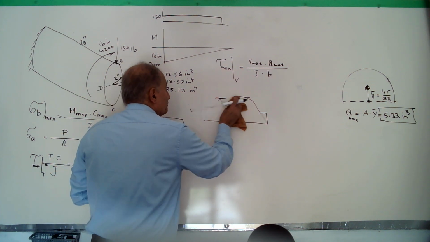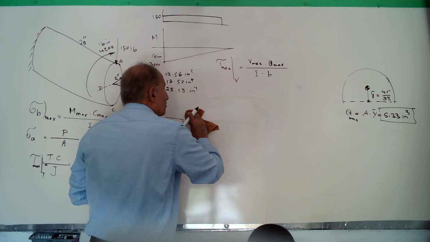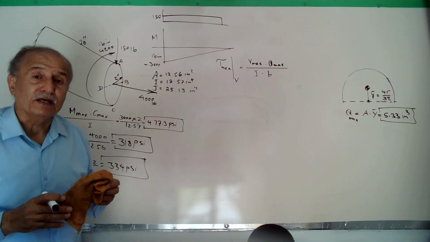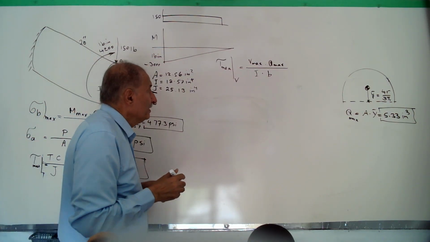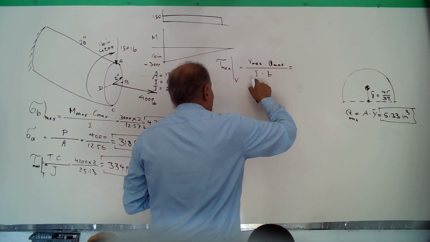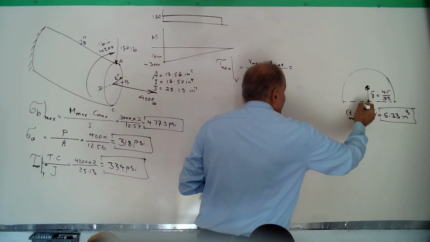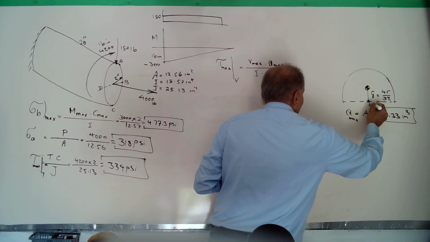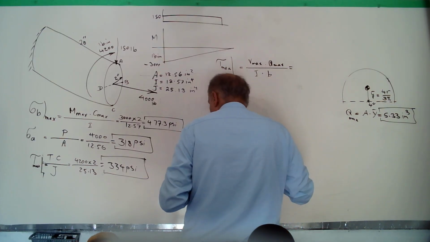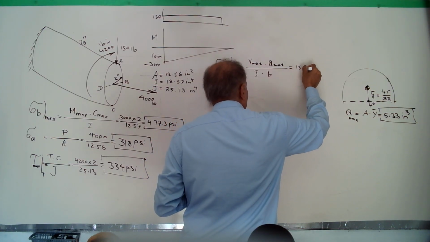But here the shear force diagram is a straight horizontal line, and V for all cross sections of the beam is the same. Then, if you put the value 150 times 5.33 divided by I, 12.57, times b, where b here is this diameter, 4 inches, you reach the value for tau, 15.9 psi.